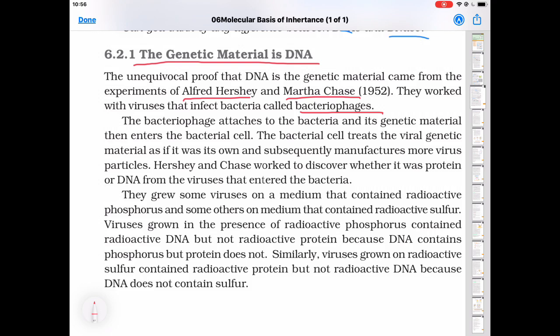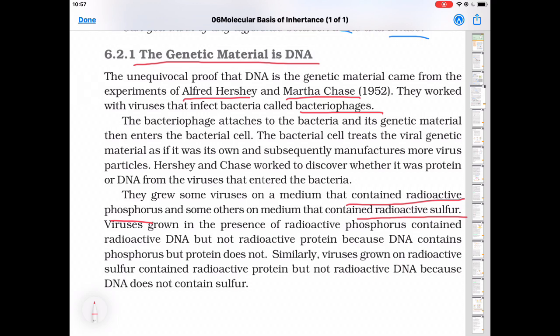They grew some viruses on a medium that contains radioactive phosphorus and others on a medium that contains radioactive sulfur. The viruses grown in the presence of radioactive phosphorus contained radioactive DNA, because DNA contains phosphorus.